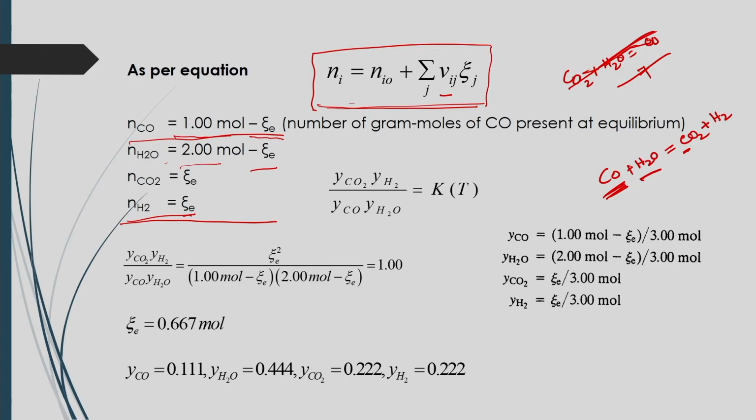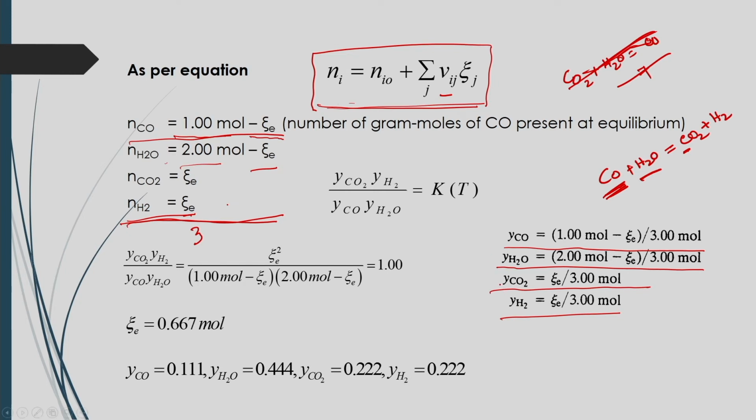If you sum up the whole moles here, you will get simply 3 moles. So, the total is 3 moles. Then Y carbon monoxide, Y water, Y carbon dioxide and Y hydrogen are represented like this, because this is simply the mole fraction.